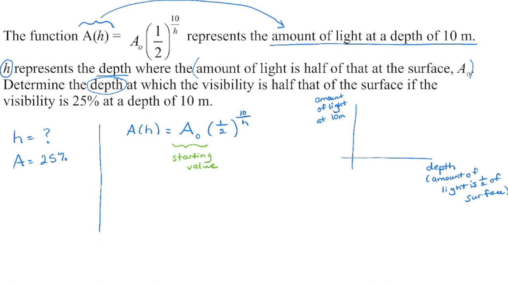All I know is that this A, this number here, has to be 25% of my starting number. So you could say, okay, well, if we start, let's say with 100%, then A is going to be 25. And then I'm just going to fill in the remainder of the function. You could graph this and solve for h. Or we could say, let's say we start with an amount of 1. 1 is generally the easiest number to work with.